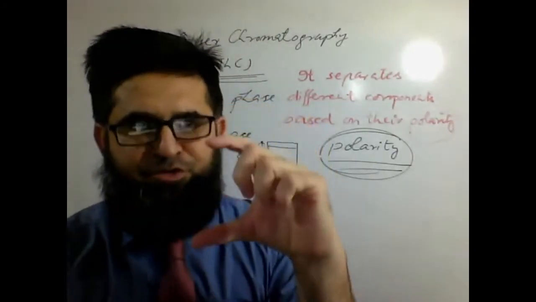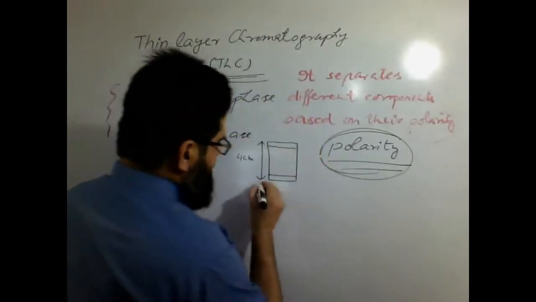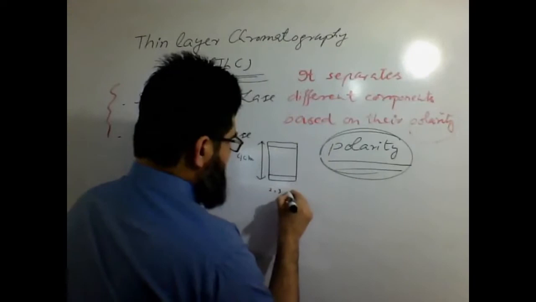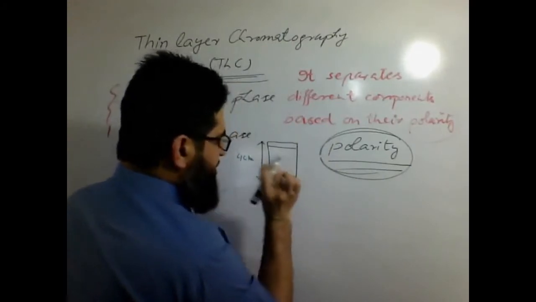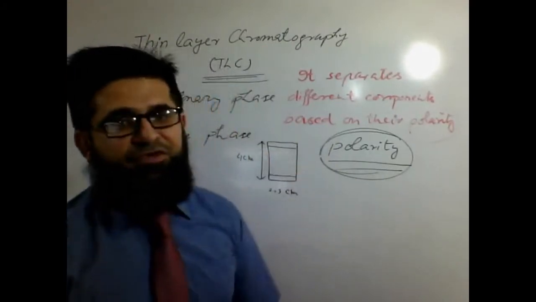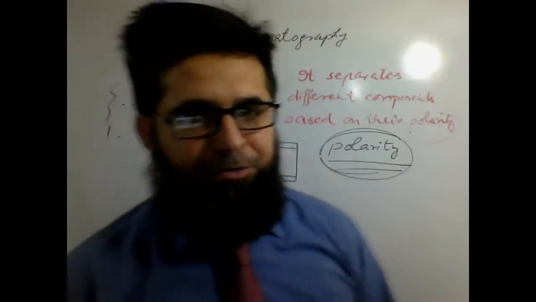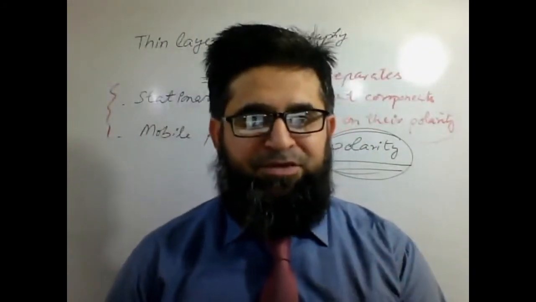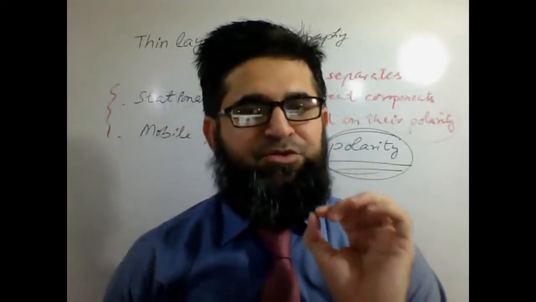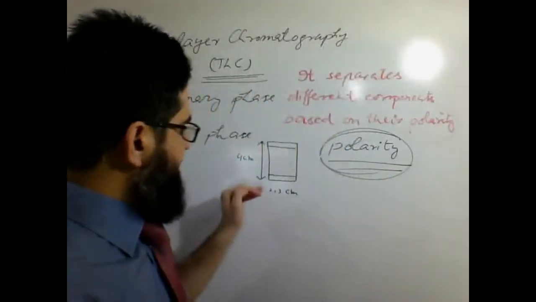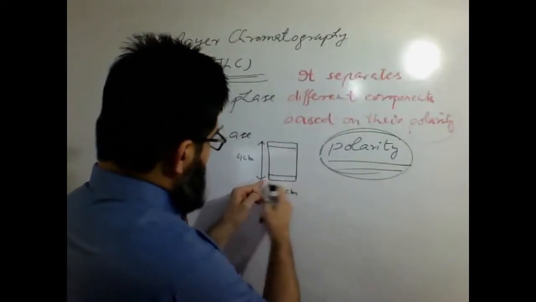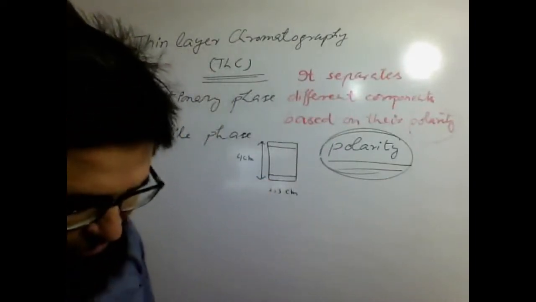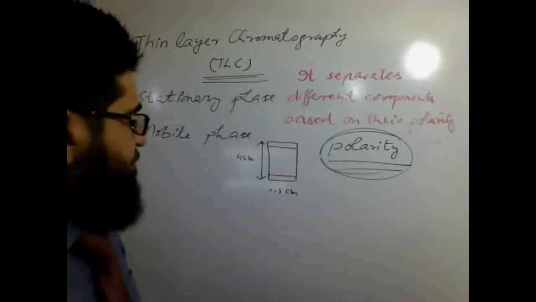Plate size is 4 centimeter, and to this side it can vary. You can use 2 centimeter, 3 centimeter, as per the number of spots that we are supposed to deposit on the TLC plate. Depending upon the number of samples, the number of spots we deposit, we can change the width of the plate. So this is how it is supposed to look.